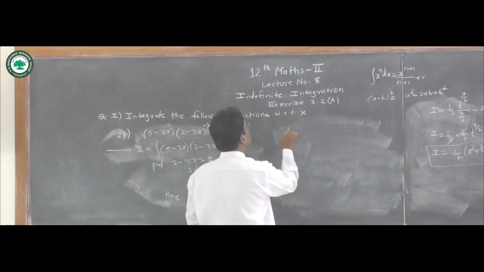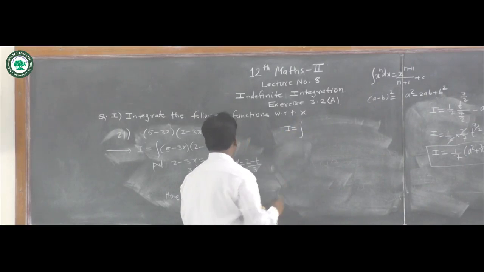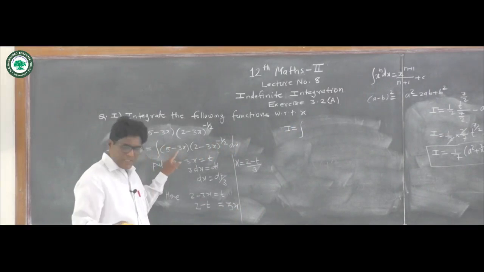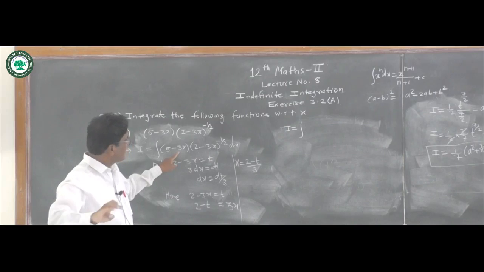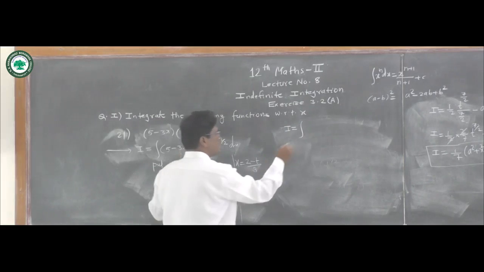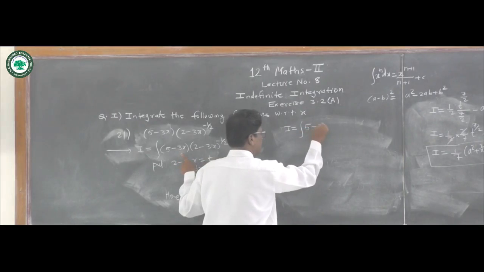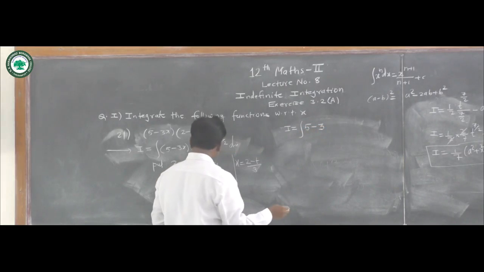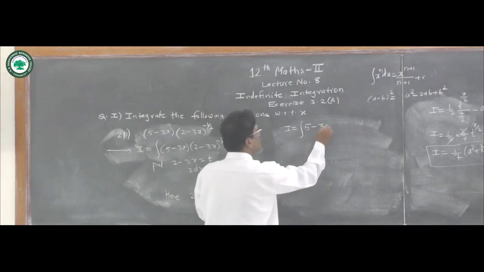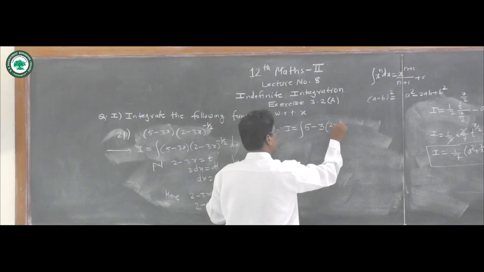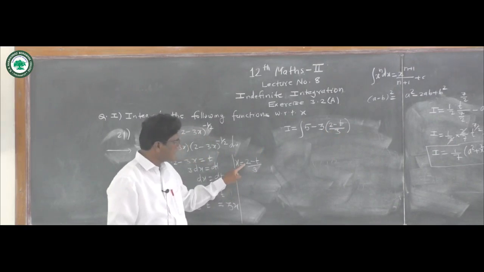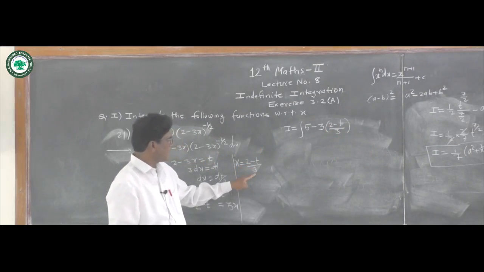So I is equal to integration of 5 minus 3x, so 5 minus 3 and put the value of x as 2 minus t divided by 3, here x as 2 minus t upon 3.